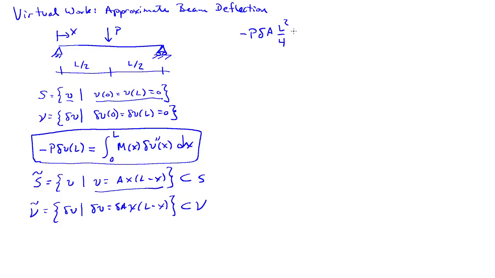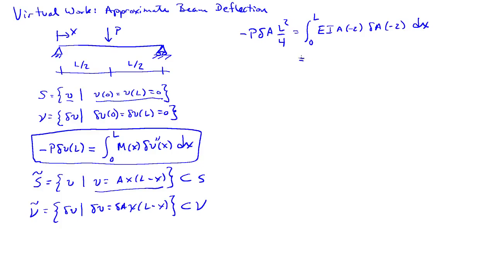And then on the other side, we have our integral 0 to L. The moment itself in an elastic beam, remember the moment is EI times kappa, the curvature, so the second derivative of the deflection. So this becomes EI times A times (minus 2) times del A times (minus 2) dx.